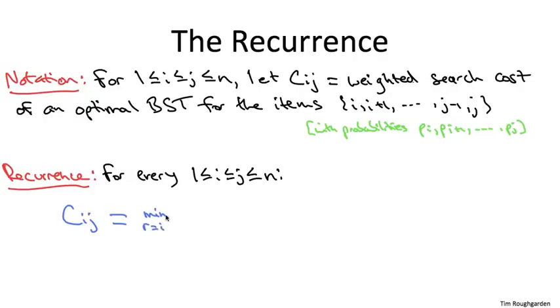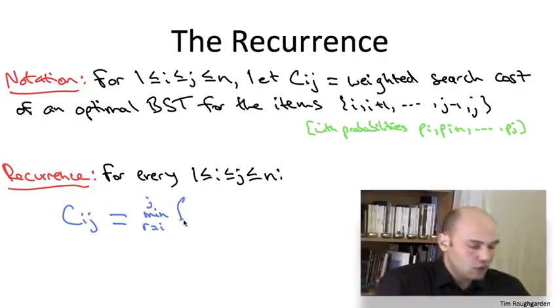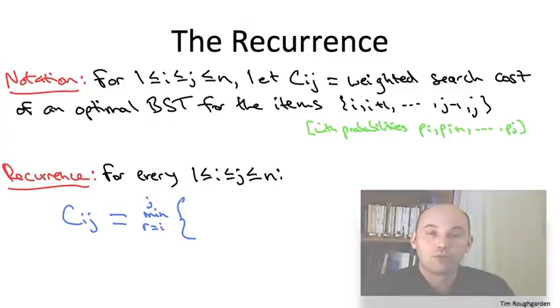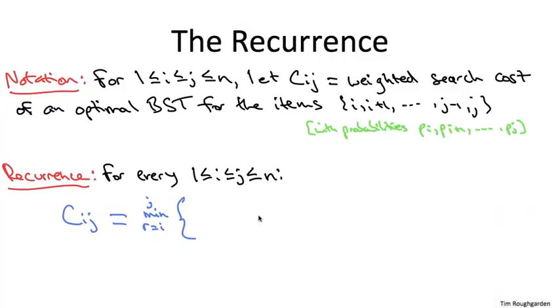So we choose some root r somewhere between i and j inclusive. And given a choice of r, we're going to inherit the weighted search cost of the optimal solution on just the prefix of items i through r minus 1. So in our notation, that would be C of i, r minus 1. Similarly, we pick up the weighted search cost of an optimal solution to the suffix of items r plus 1 through j.